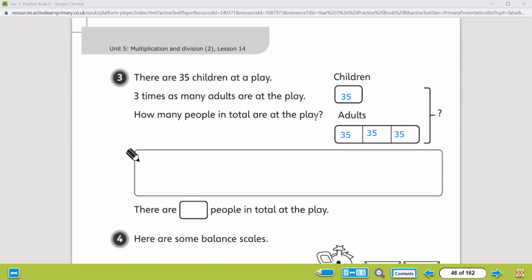How many people are at the play in total? So you've got to count how many lots of 35 you are and multiply them. Remember, you're going to have to multiply the 10s, multiply the 1s and add them together. Okay, good luck. Pause the video and have a go at question 3, please.